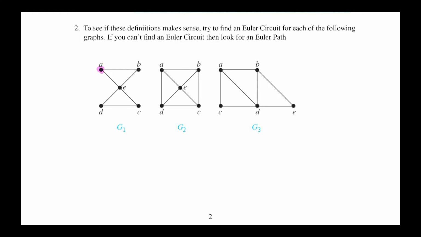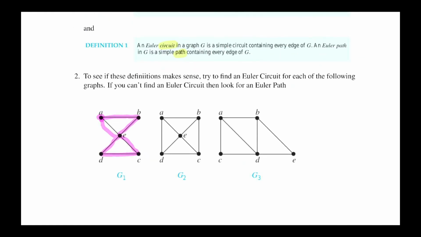If you try to find an Euler circuit, that means we're trying to use all the edges. So we go here to here, here to here, here to here, here to here, here to here. Yeah, we did it. We remember that the definition is talking about edges, not vertices. So even though we visit the vertex E twice here, that doesn't matter because we use each edge once.